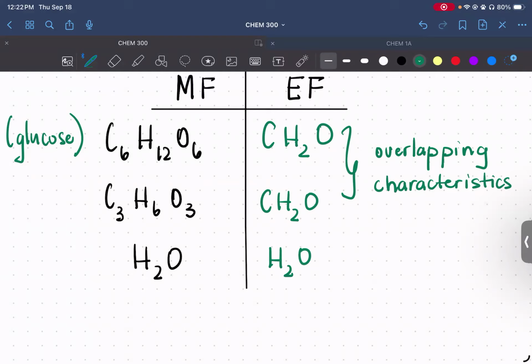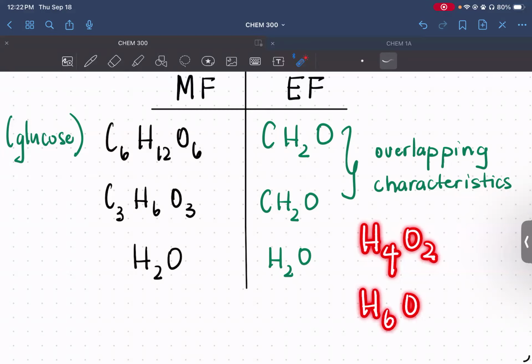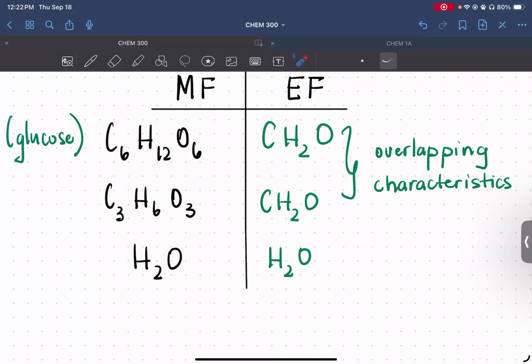Here's what this tells us, though. If the molecule H4O2 was ever discovered, in theory, it should share some characteristics with water. Same thing with H6O3, H8O4, and so on. The benefit of the empirical formula is it allows us to create families of chemical compounds. And families have a lot of traits in common.